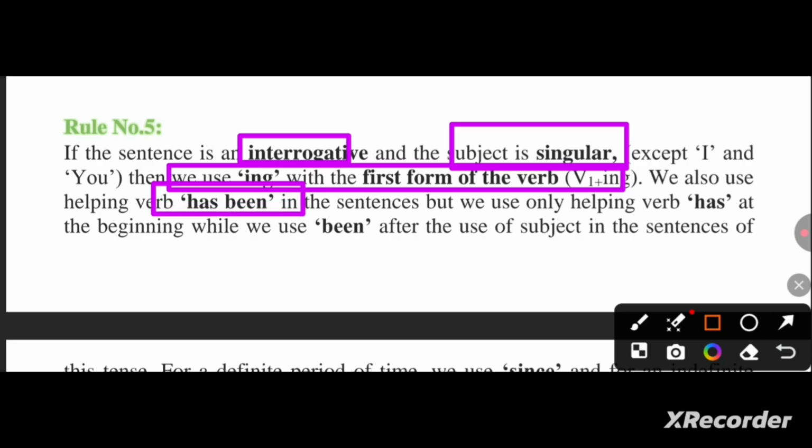Helping verb has been is used, but we have to keep in mind that if the sentence is an interrogative one of this tense, then we have to use only has at the beginning of a sentence. And we use been after the use of subject.